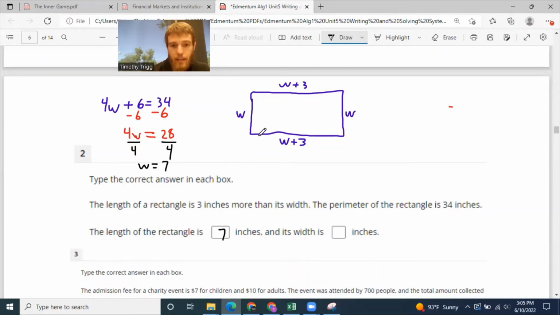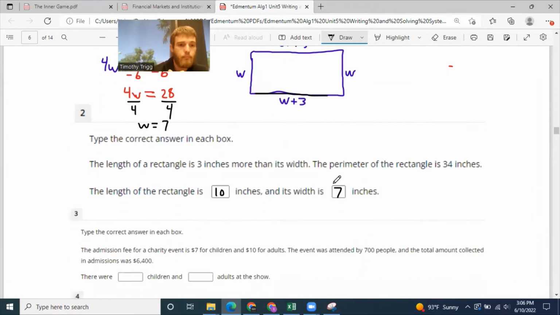And that also means the length is 3 more than that. The width is 7 and the length is 10 because it's 3 more.